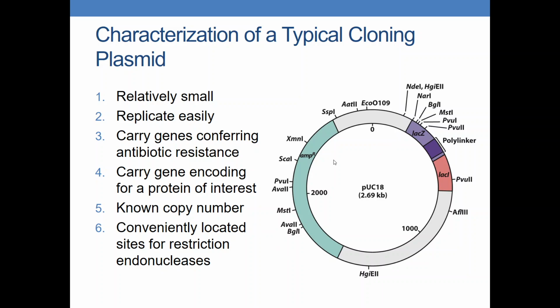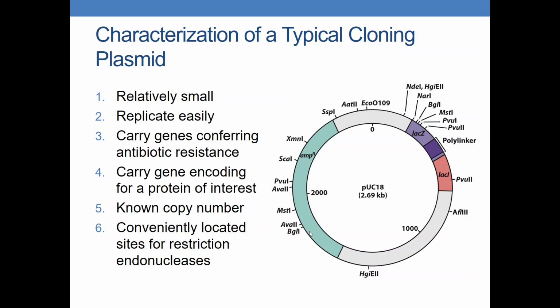But you'll also see in colored regions certain what we refer to as cassettes. So here I have an ampicillin resistance cassette right over here. Ampicillin is a very common antibiotic, and organisms that have this pT2 vector with an intact ampicillin resistance cassette should be resistant to ampicillin.